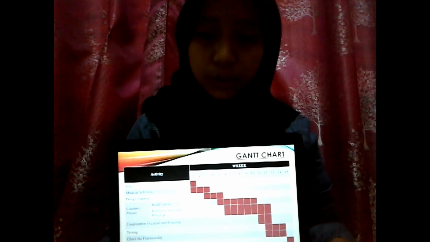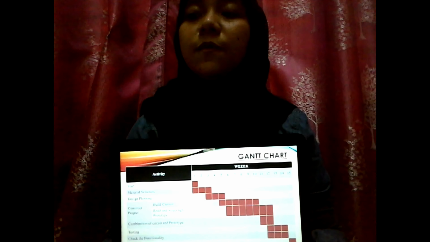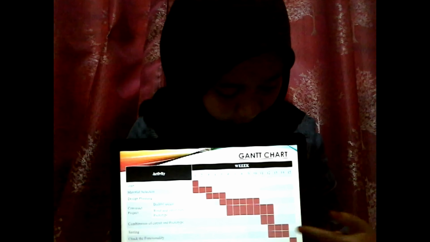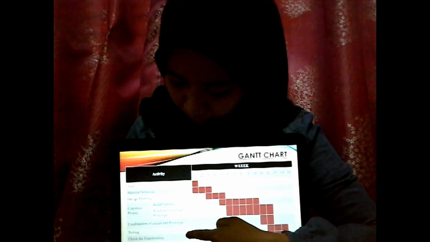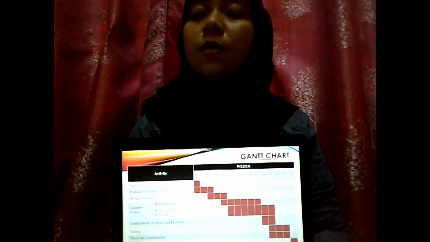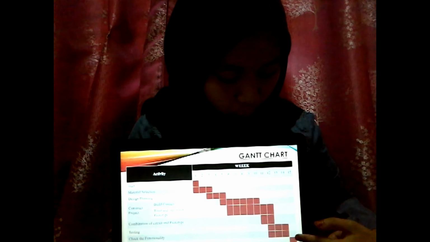Looking at the Gantt chart, both testing and checking will take 3 weeks in total to ensure carefully the project itself, which is from week 12 until week 14, and the end of our activity is in week 15.